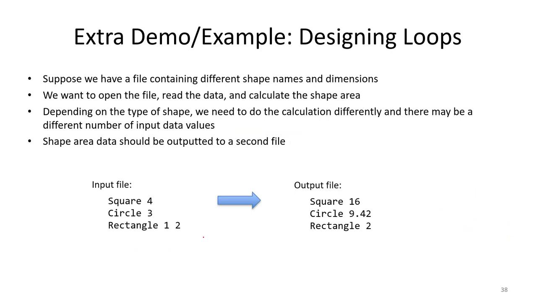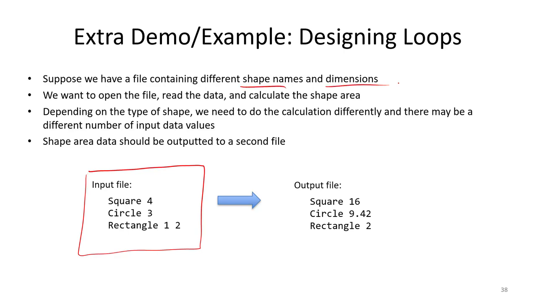Let's go ahead and end with one more demo or example that sums up all the skills we've learned so far. In this example, we have a data file, and we're told that our data file contains different shape names and dimensions.